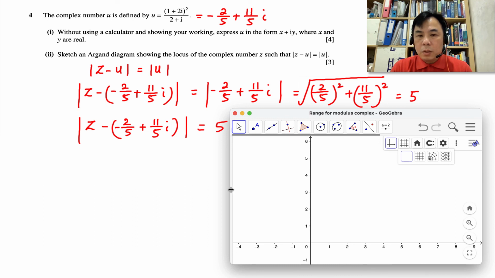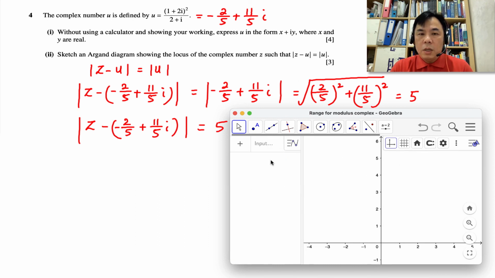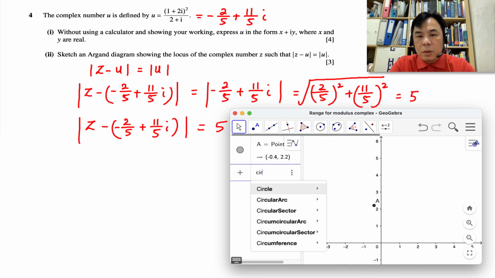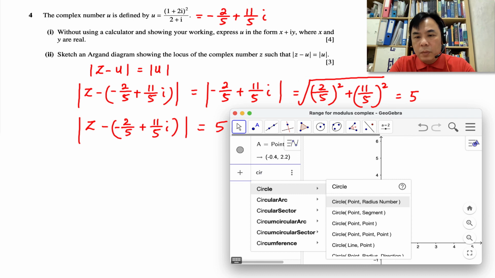So we need a circle. I can just key in directly into my GeoGebra here. So I know the center of the circle is at point negative 0.4. I just straight away convert it to decimal. It's easier. And then the other one is 2.2. Okay, now that is the center of the circle. And then this circle comes with a radius of 5. So I'm going to draw a circle here. All right, circle with center point and radius.